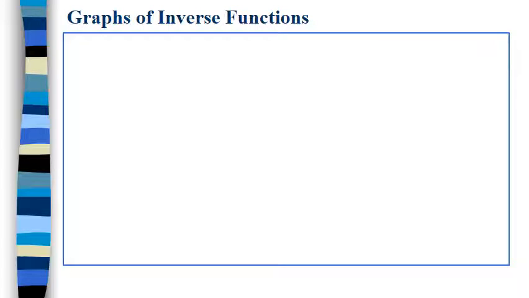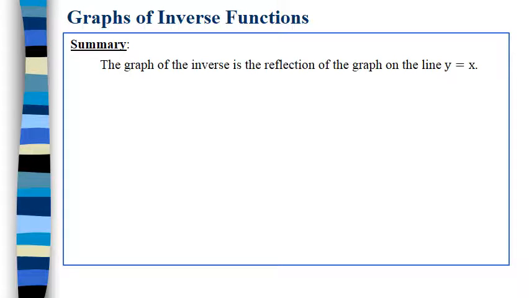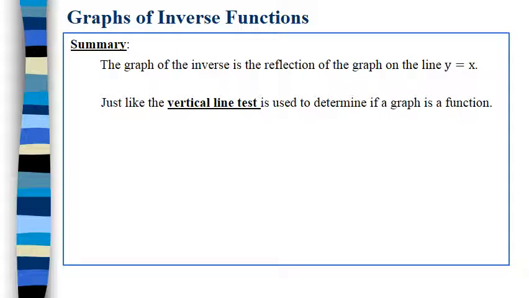Well, let's look at what we know about functions and inverses first. The graph of the inverse is a reflection of the graph on the line y equals x. We also know that just like the vertical line test is used to determine if a graph is a function, we can use the horizontal line test to determine if a function is one-to-one.